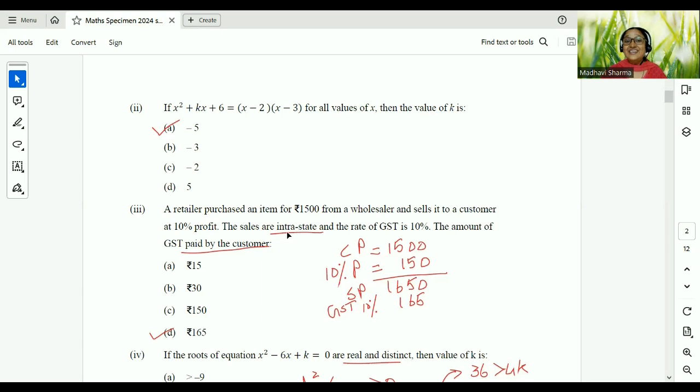The sales are intrastate, and the rate of GST is 10%. Amount of GST paid by the customer: remember, whether it is intrastate or interstate, it does not matter to the customer. Customer pays full GST. He is only the bali ka bakra. So full 10% is paid by the customer, which is 165.